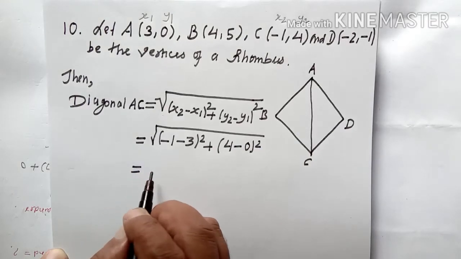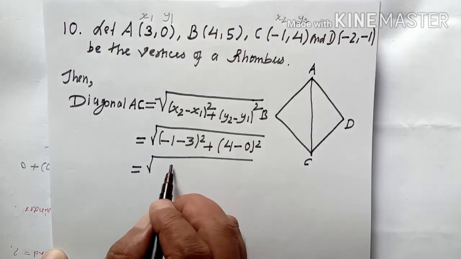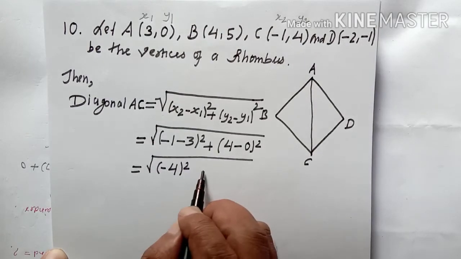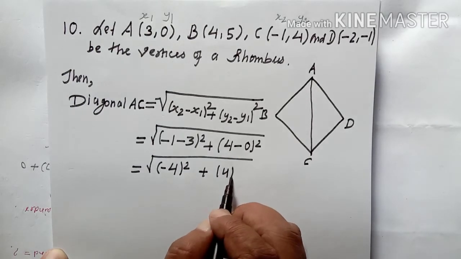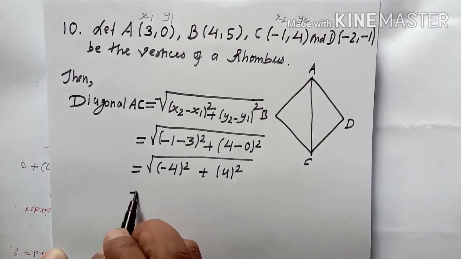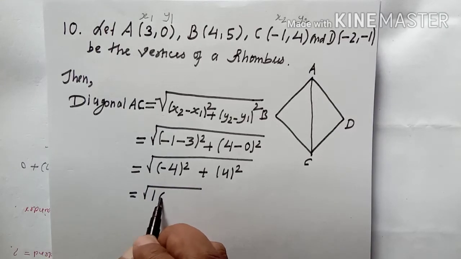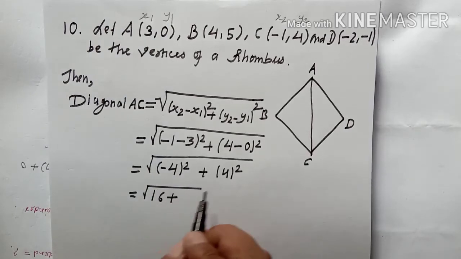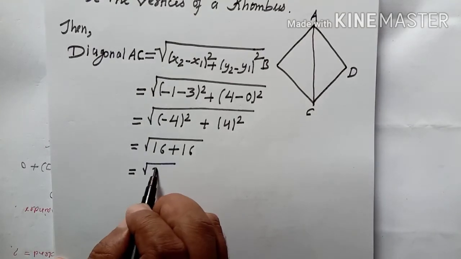This equals the square root of (-4) the whole square plus (4 minus 0, that is 4) the whole square. Since 4 is an even power, (-4) squared gives positive 16, again plus 4 squared which is 16, and the sum of these two gives 32.